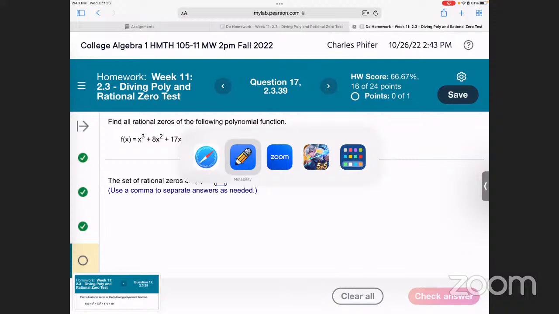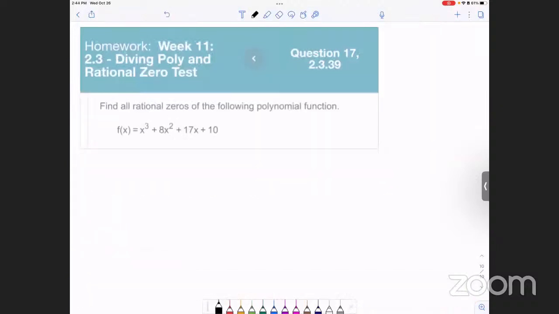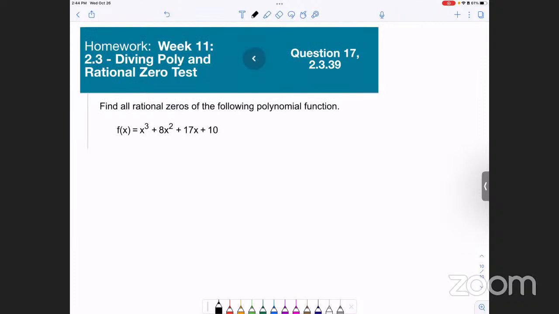Okay. So we're asked to find the actual zeros. We can start with the rational zero test to give us a list of possible rational zeros, and then if this polynomial has any rational zeros, it's going to be somewhere in that list. So if we did a rational zero test of our p over q, the factors of the constant, 10, are plus or minus 1, plus or minus 2, plus or minus 5, and plus or minus 10.